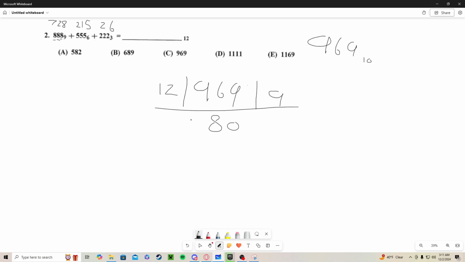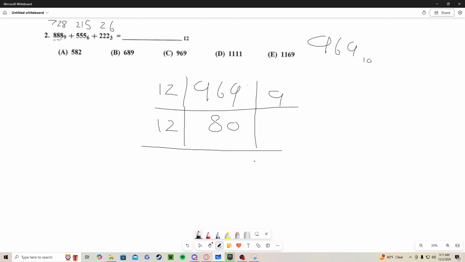This is our graph so far. Now you want to do the same thing with the number you just found. So our closest number was 80. So now you want to find the closest multiple of 12 to 80, but not over it. So times 5 would be 60, and times 6 would be 72, which is the closest one.